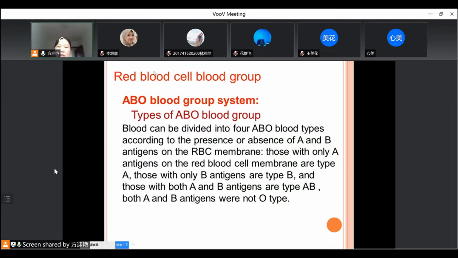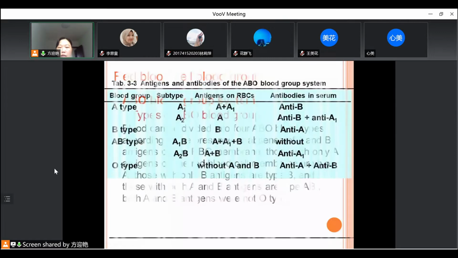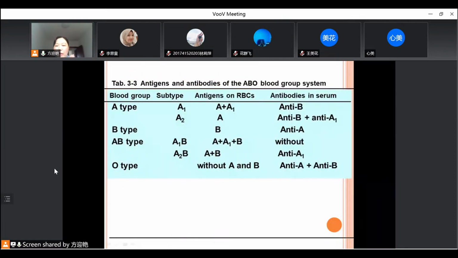This is very important in the clinic, for the blood group. And we also know that the ABO blood group has natural antibodies.